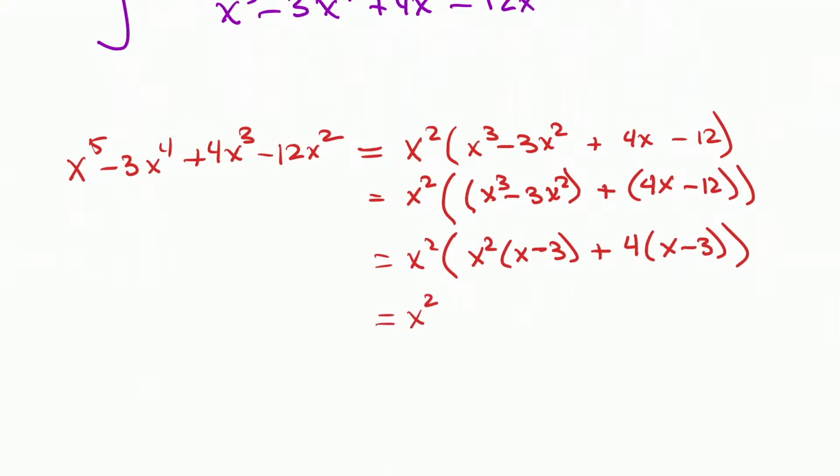So x squared times x minus 3 times x squared plus 4. We're almost done. Actually, we are done because we can't factor x squared plus 4, can we? Yeah, we're all done.